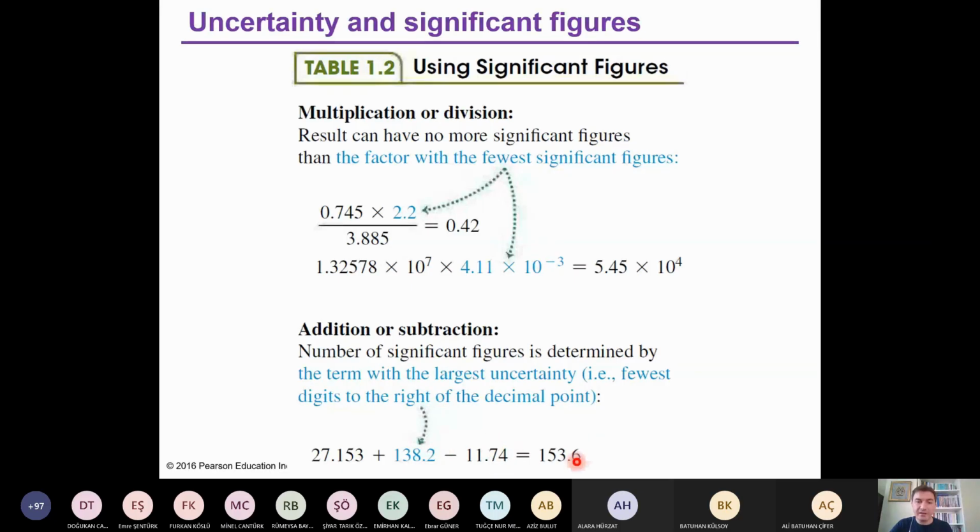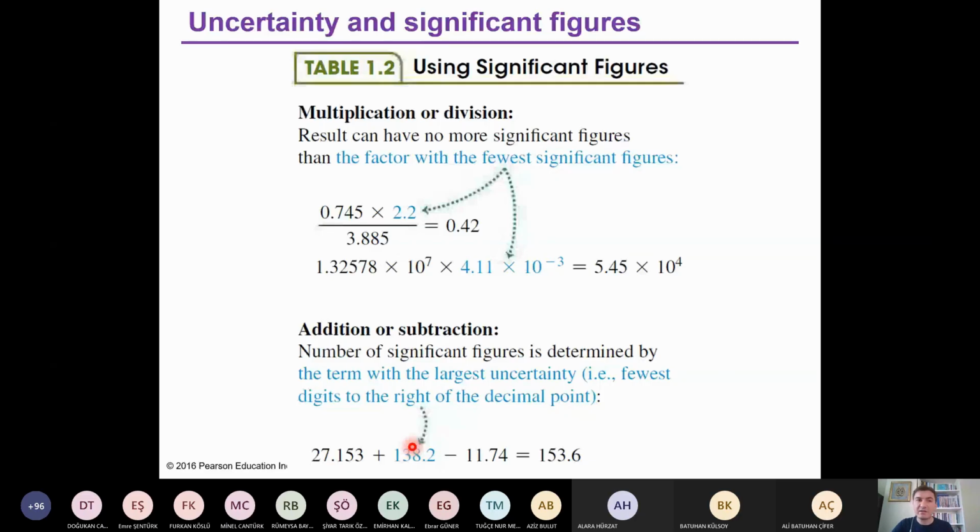And the result can have only 1 digit after the decimal point due to this number with the largest uncertainty. This has better accuracy than this one, and this has better accuracy than this one. So this result can have the accuracy of this one, okay? Is it clear?